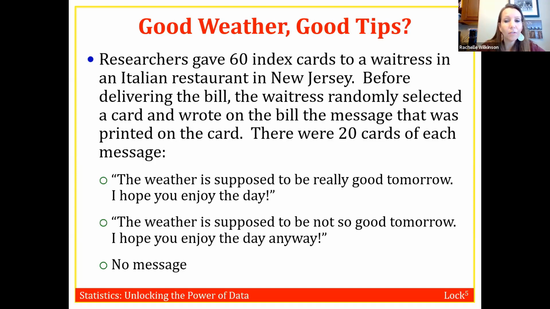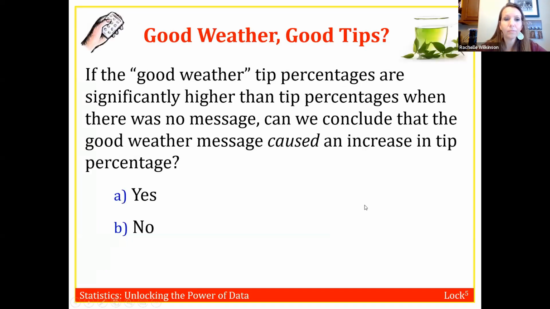A third of the bills got a message that said, "The weather is supposed to be really good tomorrow. I hope you enjoy the day." Another third got a message that said, "The weather is supposed to be not so good tomorrow. I hope you enjoy the day anyway." And the third group got no message at all, so it was kind of like the control group. What they measured was the tip percentage to see if one of these messages produced a different tip amount.